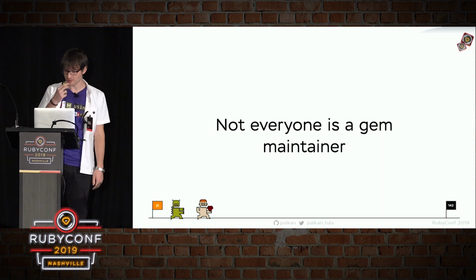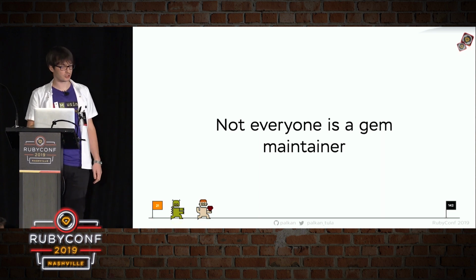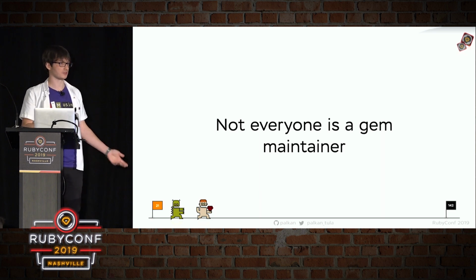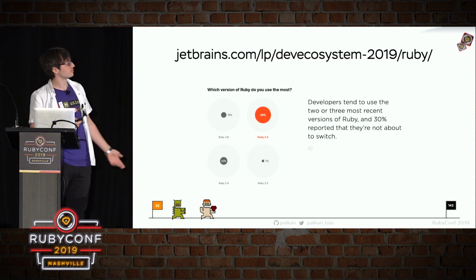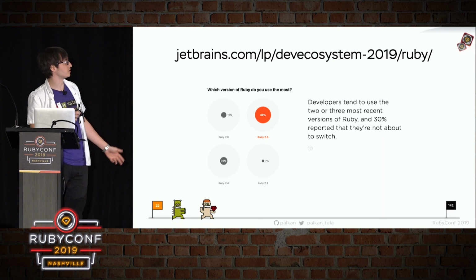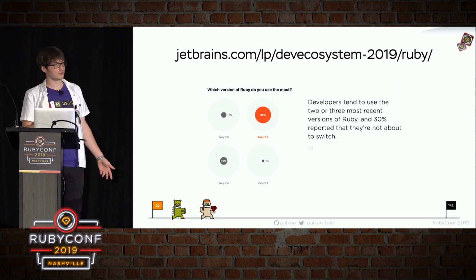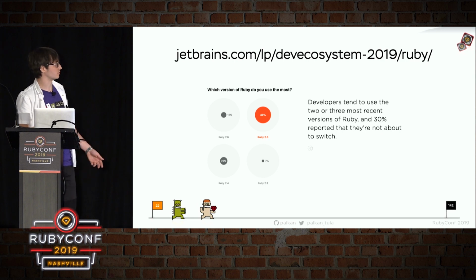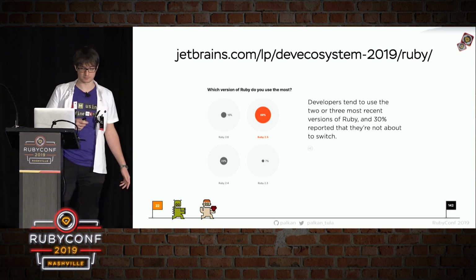But even if you develop an application, it doesn't mean that you can upgrade your Ruby version right away as it's released. According to some numbers collected by JetBrains, most Ruby developers are still using the second to last or even third to last Ruby versions, not even 2.6.